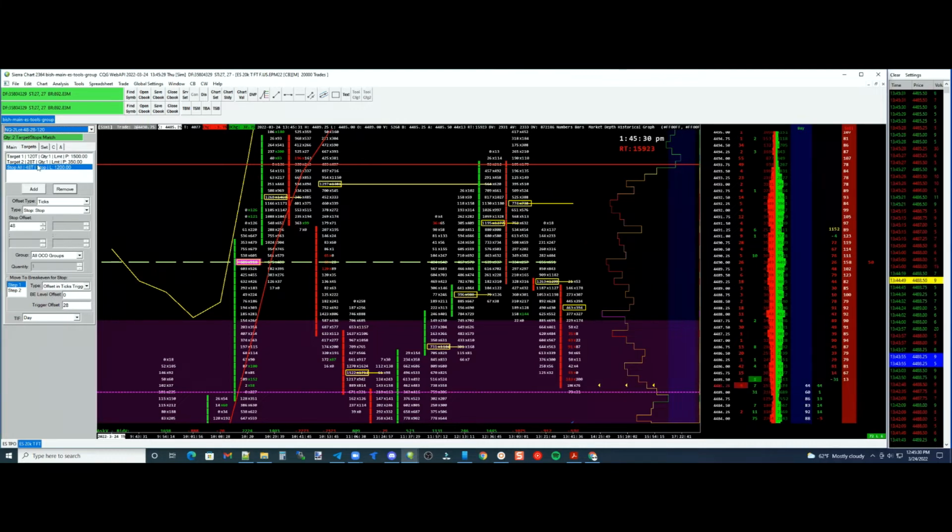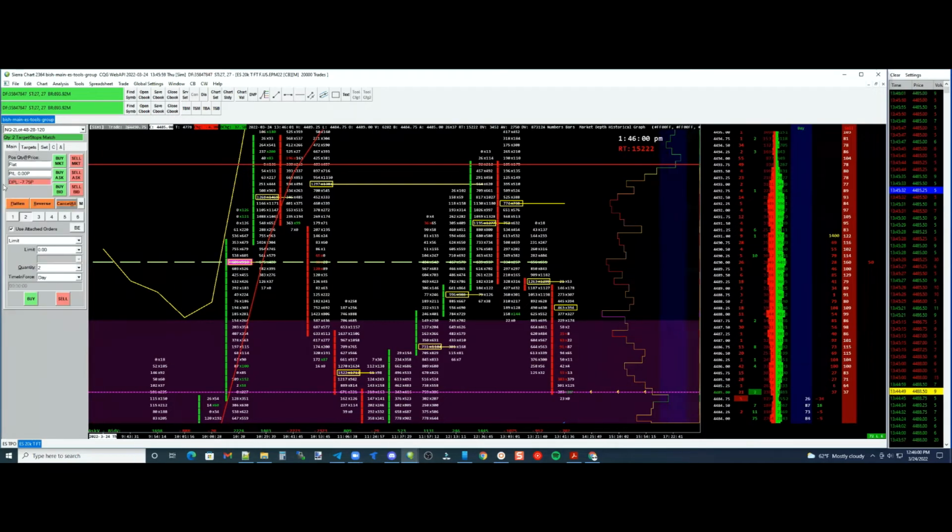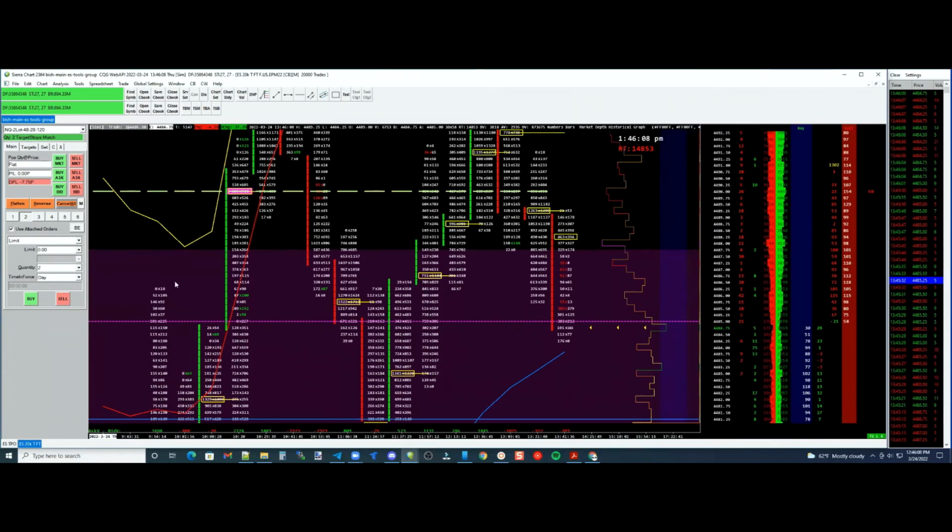So when it moves to 28 and takes my first profit off, it triggers my break even. And then after it runs another set of ticks, it triggers my runner to go break even +7. Okay. So there's so many different ways to set it up, and man, that's a big conversation, but there is the link right there. And remember, Sierra Chart has amazing documentation if you're into that sort of thing.